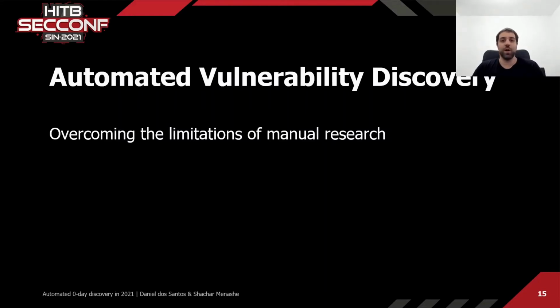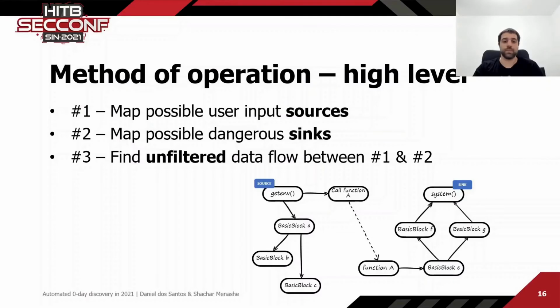So first of all, our method of operation of the system is as follows. The system is going to map sources, that's user input sources. These are variables and function calls that the system believes are coming from user input or external input. The second step is mapping dangerous sinks.